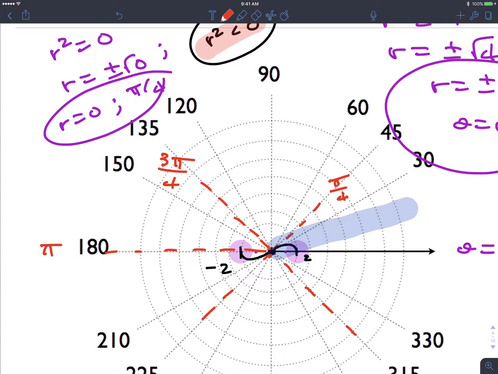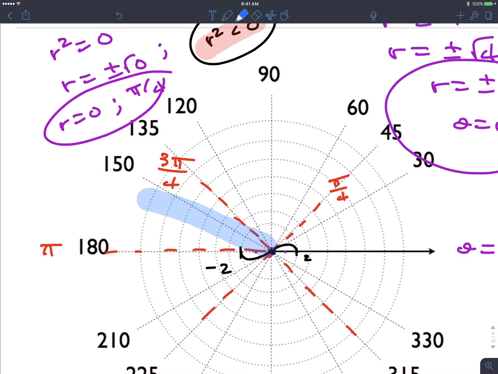So I'm going to get rid of this purple and focus on that particular region, 3 pi over 4 to pi.